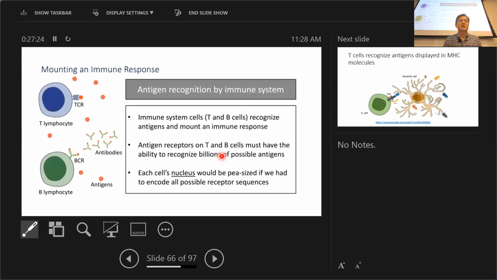On the surface of T cells and B cells, there are receptors. These receptors define the diversity or heterogeneity of the B cell and T cell populations. Every T cell may differ from another T cell because of different receptor combinations.